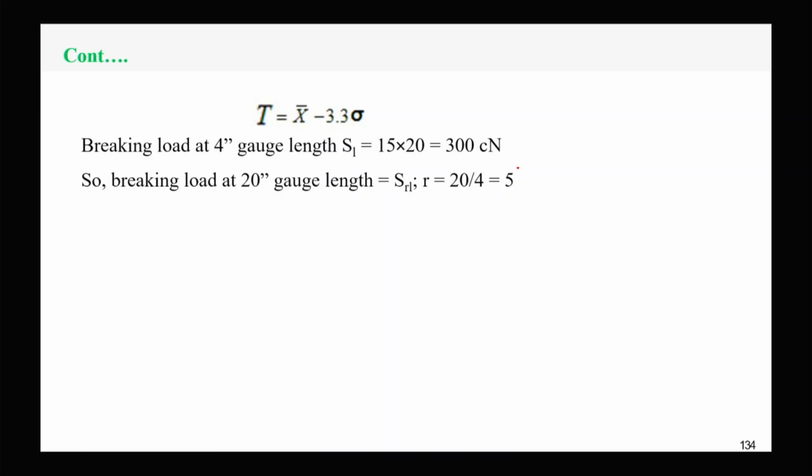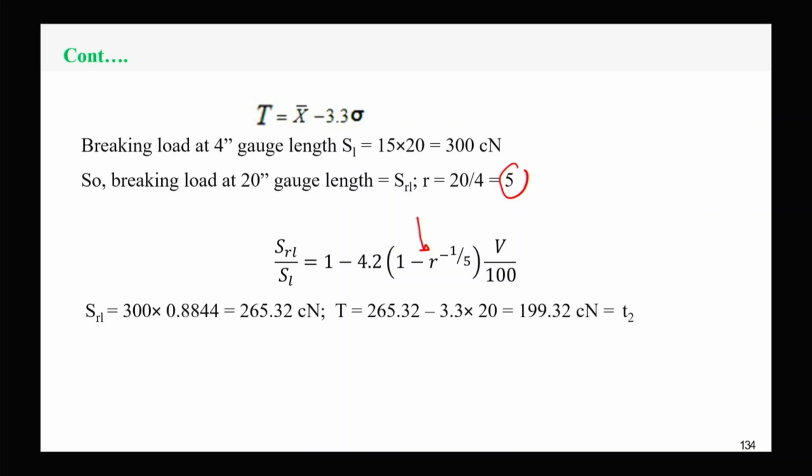So the ratio R will be 5 times the gauge length here. So in this equation, if we substitute R value as 5, we will get the SRL, that means the strength at the 20 inch gauge length will be 265.3.